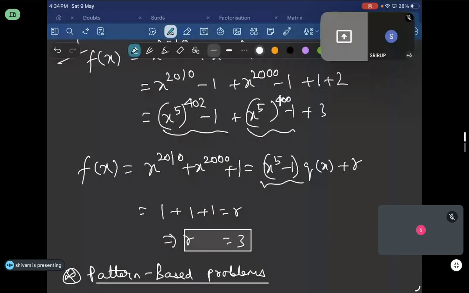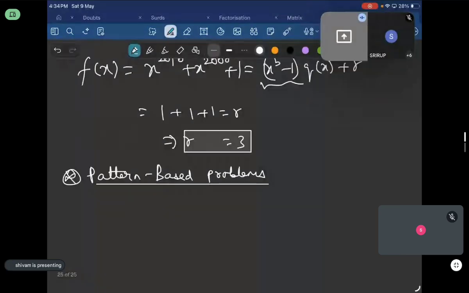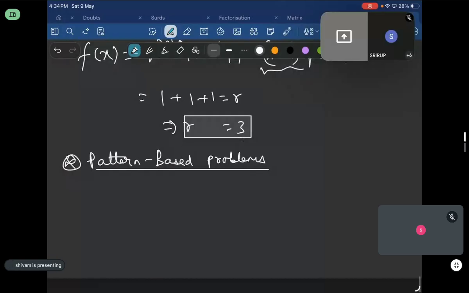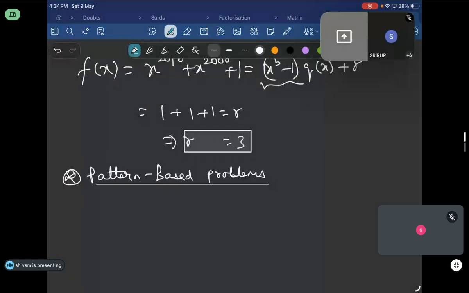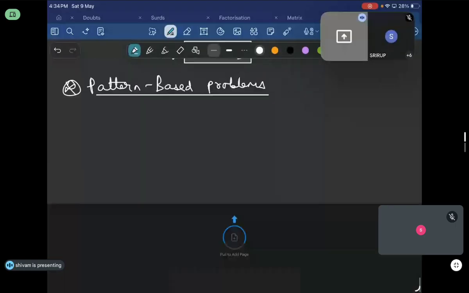Yes. So pattern based problem here, everyone. Pay attention. Over here you need to identify the pattern and create another polynomial. For example, I'll give you an example of what kind of questions will come.